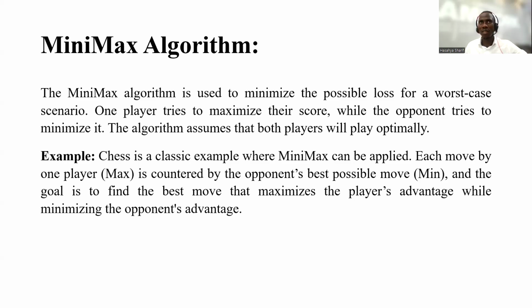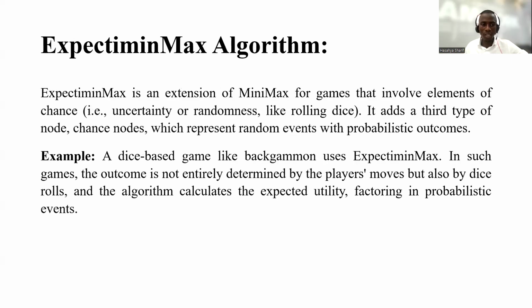You can just explain it as the player's expected maximum payoff. The best example for this algorithm is chess, a classic example where one player's move, the max, is countered by the opponent's best move, which is the min. The goal is to find the move that maximizes the player's advantage while minimizing the opponent's advantage.